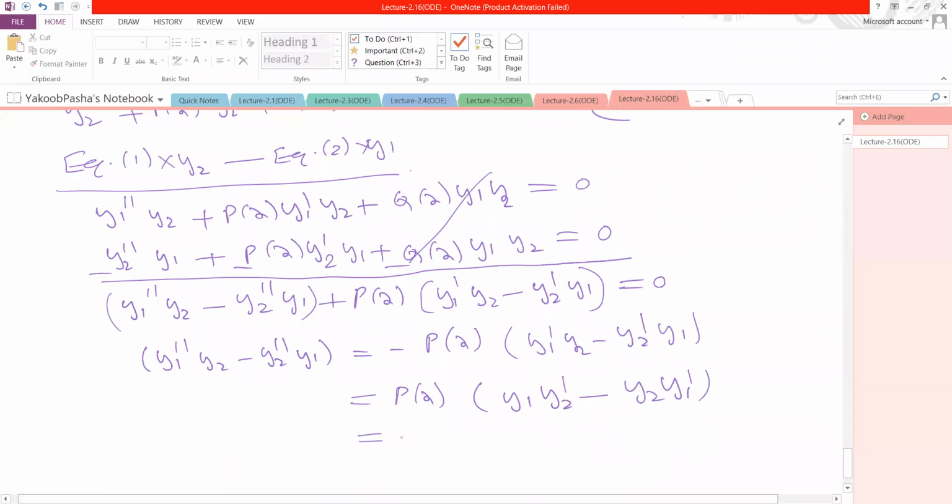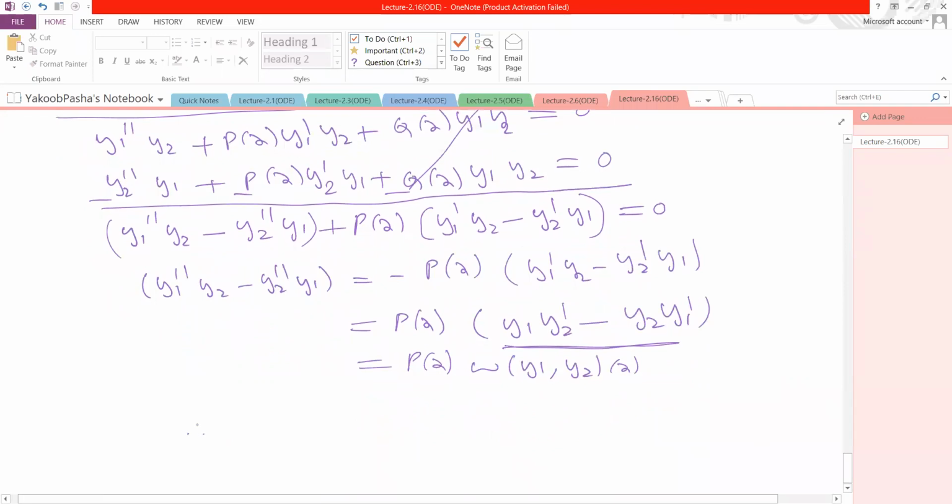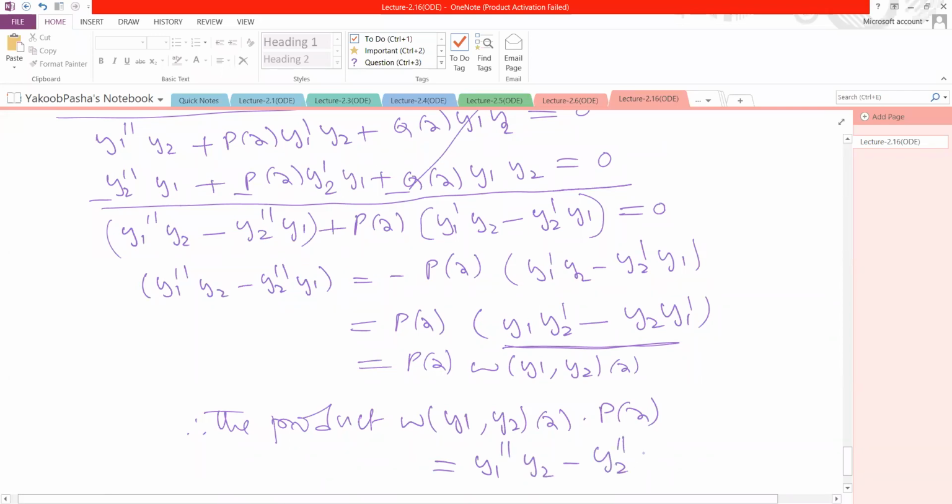Here we can write this as P of x into, this is nothing but by definition the Wronskian of y1 comma y2 of x. So the product, Wronskian of y1 comma y2 of x into P of x, that is equal to what? y1 double dash y2 minus y2 double dash y1.